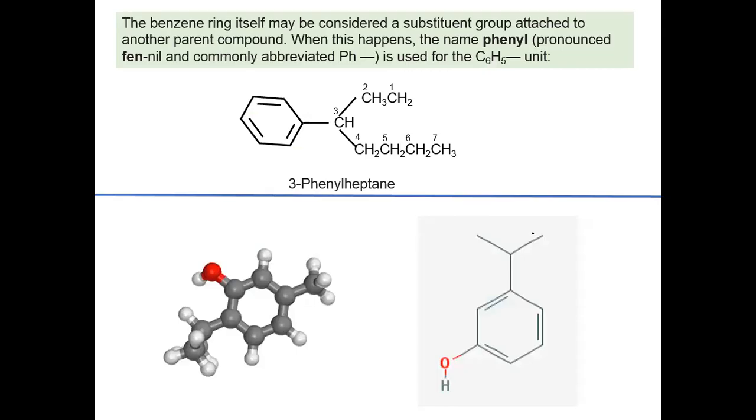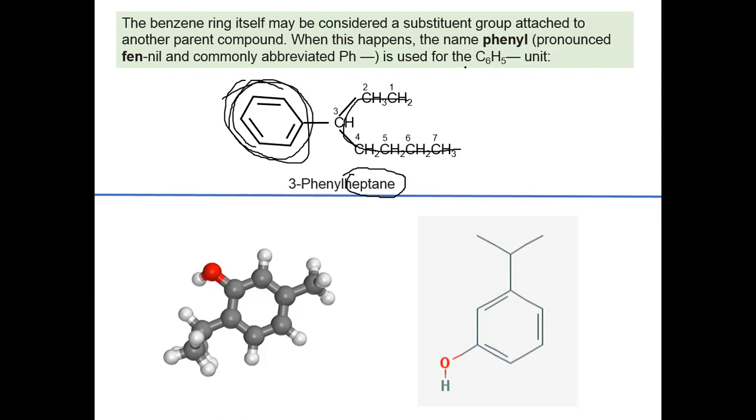One more thing, so let me tell you something. This is a benzene ring, but if it is considered as a substitution itself, so say we have some kind of chain. This is an alkane, which is heptane, and there is a substitution as a benzene ring.